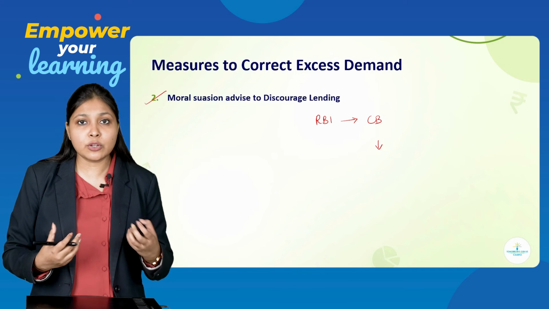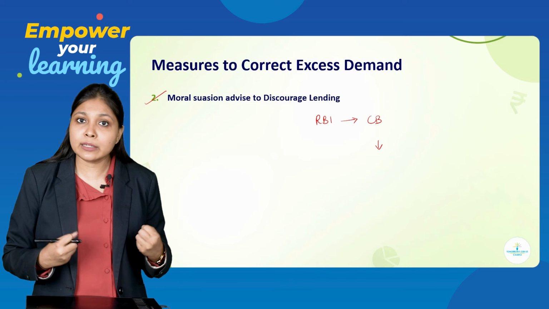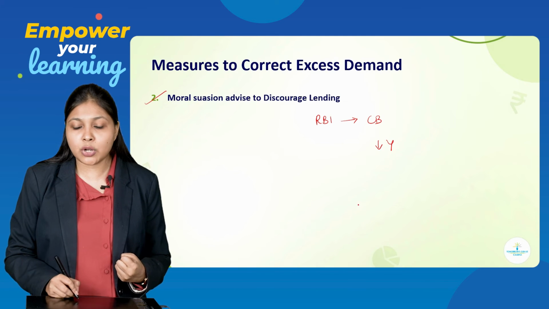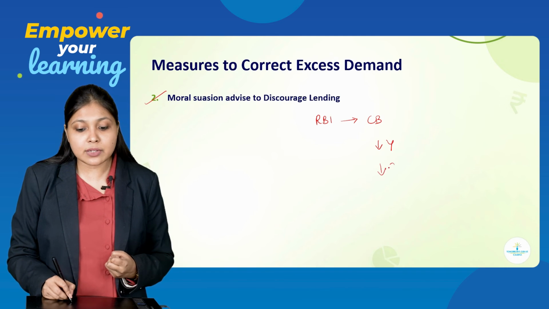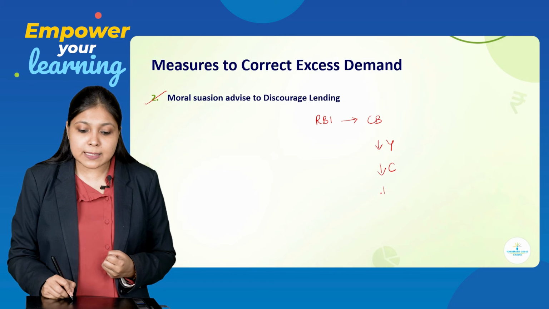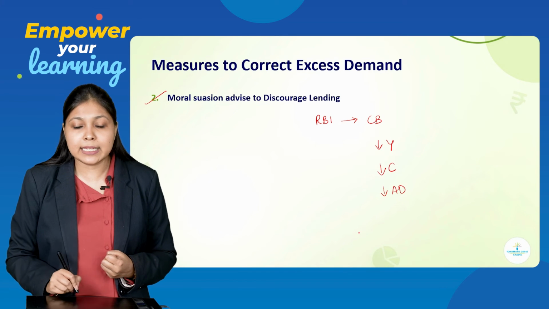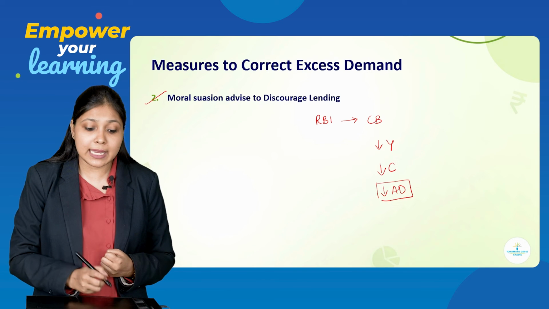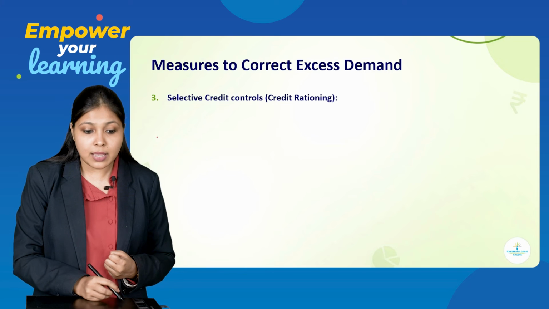Now borrowers will not get loans, borrowers will not get money. That will ultimately reduce income generation in the economy. Reduction in income means reduction in consumption, and if consumption reduces, ultimately your AD reduces, and this is what you want. Okay, you want your AD to reduce.